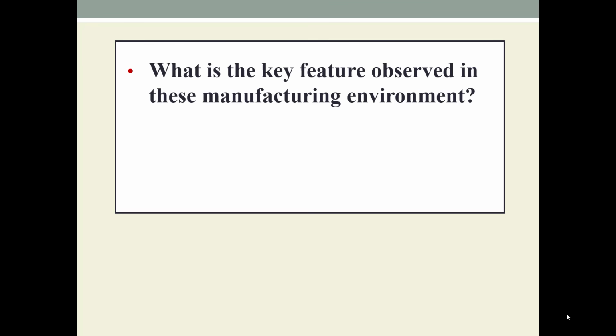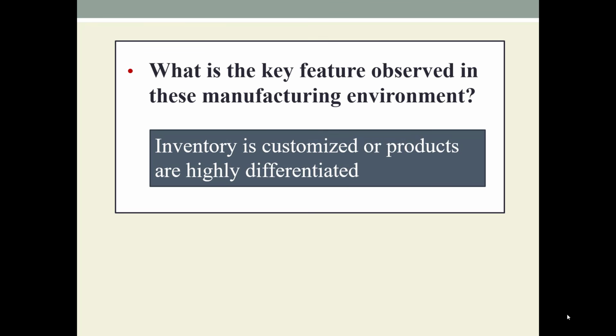So what is the key feature observed in all of these environments? A home builder, custom t-shirts, custom bike, or McDonald's self-ordering kiosks? The inventory is customized, or the products are highly differentiated.